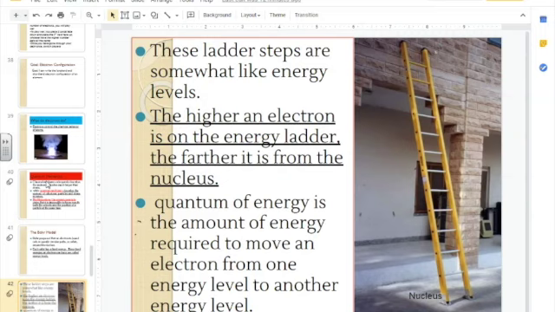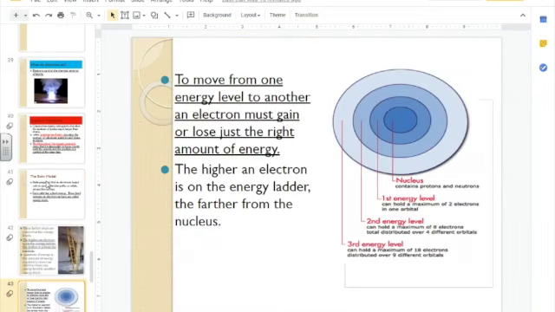For example, if you have a big old ladder, it takes way more energy to climb to the very top than it does just to get on the first step. Well, that's the same for electrons. It takes a lot more energy to get farther away from the nucleus than to get close to the nucleus. So to move from one energy level to another, it takes just the right amount of energy in order for it to be in that energy level.